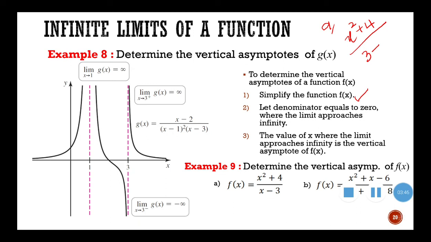So what I mean is, whatever value of x will make the denominator equal to 0 is the value of the vertical asymptote. So the vertical asymptote for a here is pretty clear, which is: the vertical asymptote of f(x) is 3.